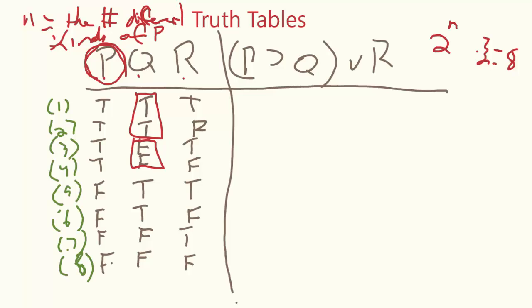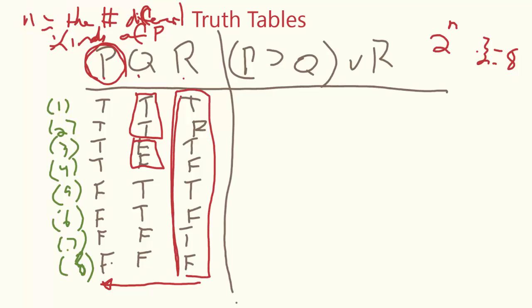So notice there's another way that we can think about this. Instead of going left to right, you could go right to left, and notice that your most right column is always going to take the pattern TF, TF, TF for however many rows this formula tells us that we're going to need. And then you just double that pattern as you move to the left. So then instead of 1 T and 1 F, you get 2 T's, 2 F's.